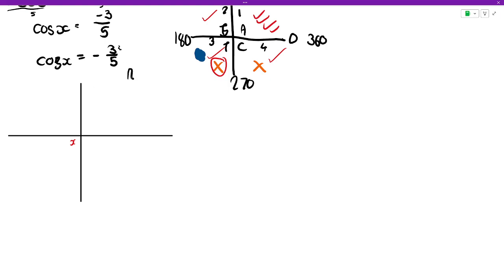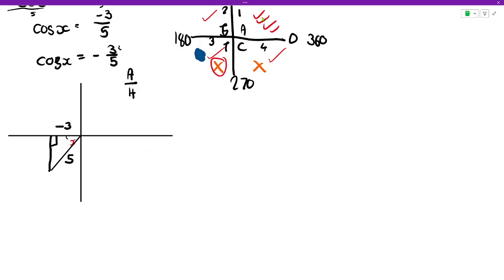Cos is your adjacent over hypotenuse. Now, that means that when you draw the triangle, it's going to look something like this. The adjacent side is this one here, so it's minus 3 and 5.